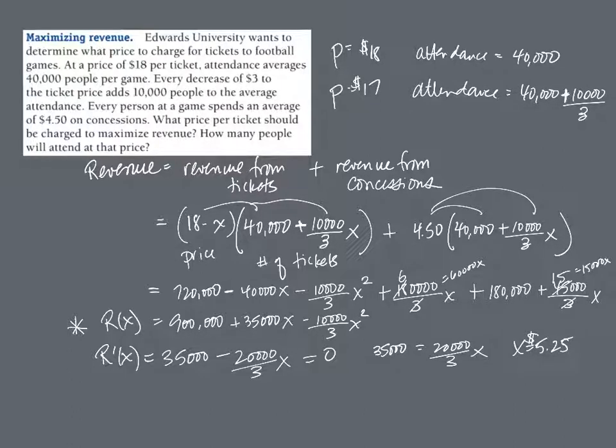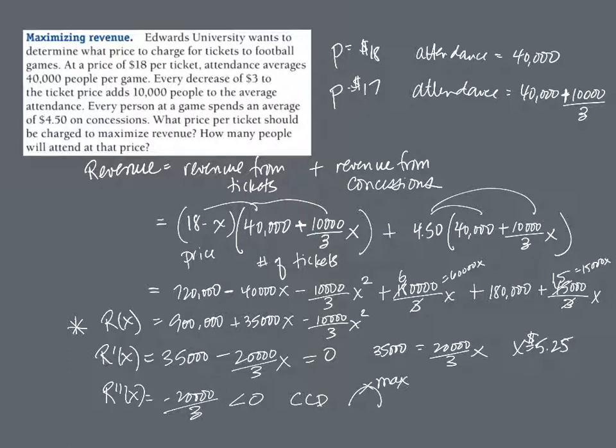So we would reduce the price by $5.25. We want to verify this is a maximum. So our second derivative would in fact be negative 20,000 divided by 3, which is negative, which tells me concave down, which tells me a maximum.